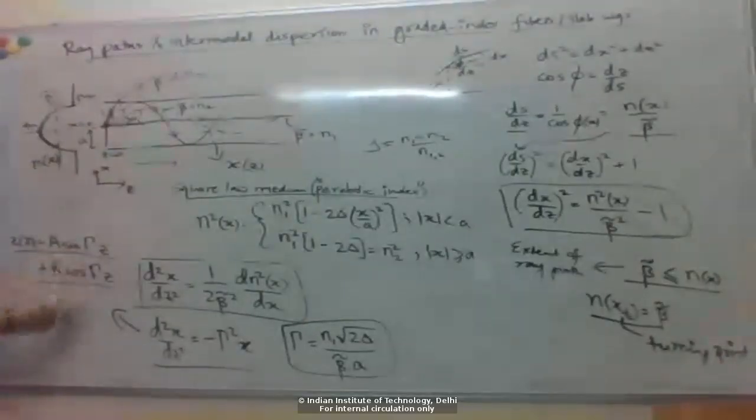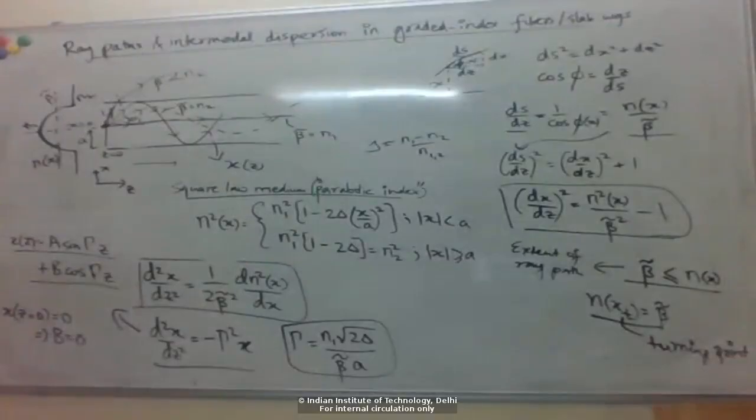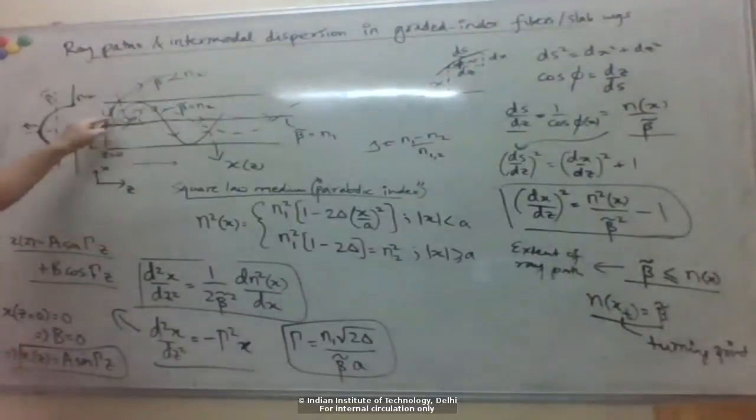So from there, you immediately get this b has to be 0. Right, so then the rays take an even simpler form, just sine. Right, so these are different sine waves.